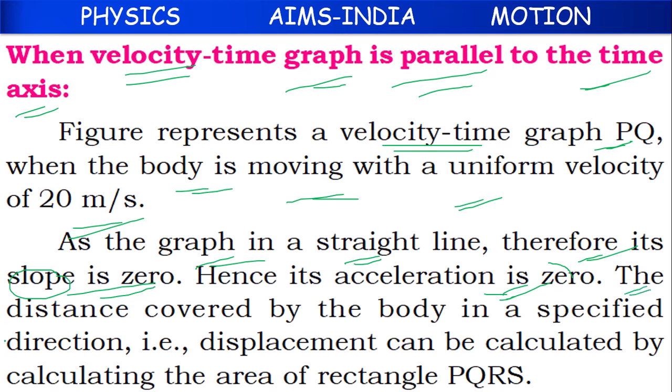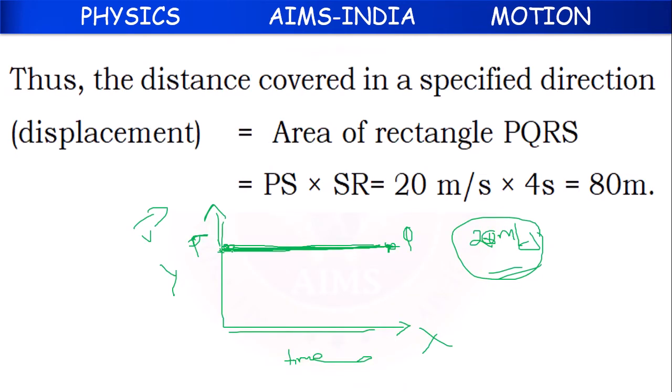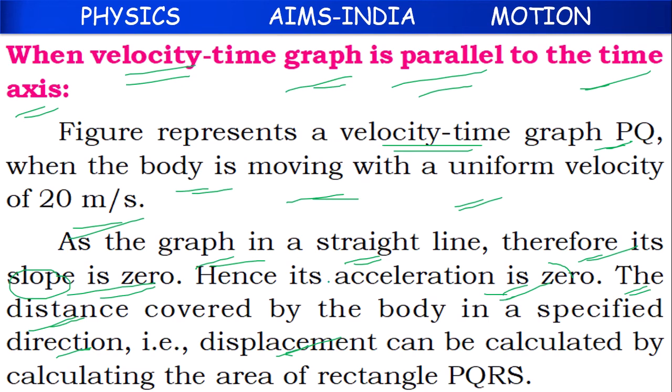But we can calculate the distance. The distance covered by a body in a specified direction is displacement. Because the body is moving along a straight line, the distance traveled in a straight line, because of direction, we can call it displacement. The distance covered by the body, called displacement, can be calculated by calculating the area of the rectangle PQRS.